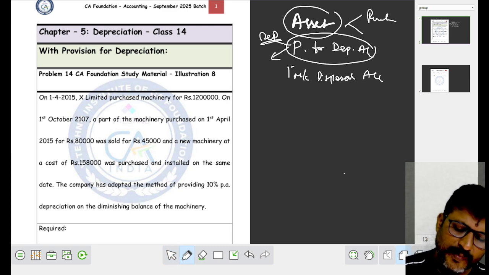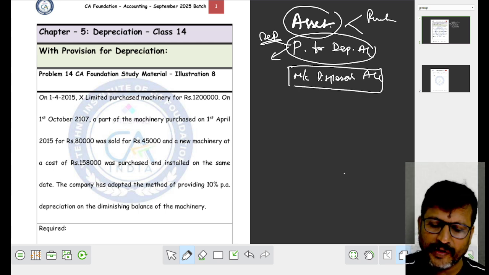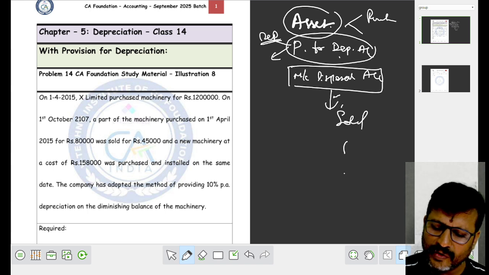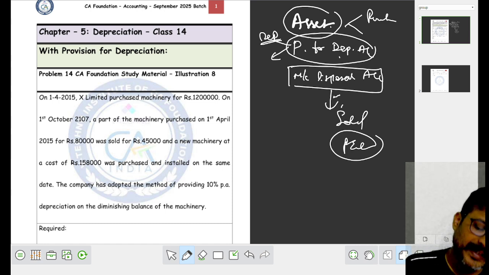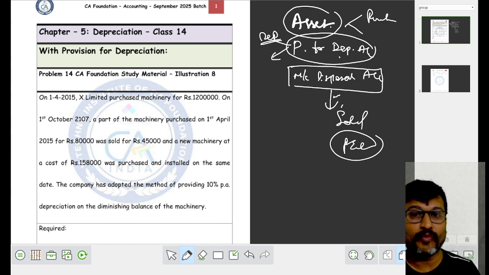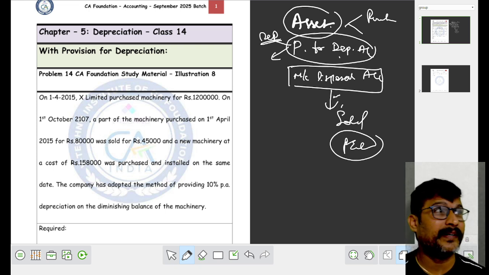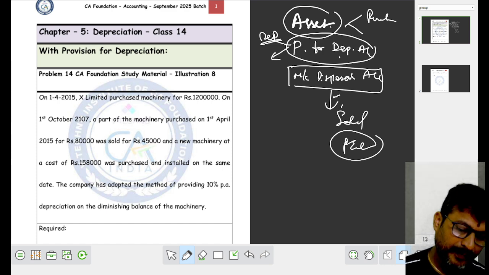In the machinery disposal account, we have to record two things: one corresponding entry from machinery, and one corresponding entry from provision for depreciation. After that, we write sold, and we write profit or loss on the sale of machinery. This is all we have to record when the provision for depreciation method is maintained. Am I right, my dear students? Let us move on to the next concept of this chapter.